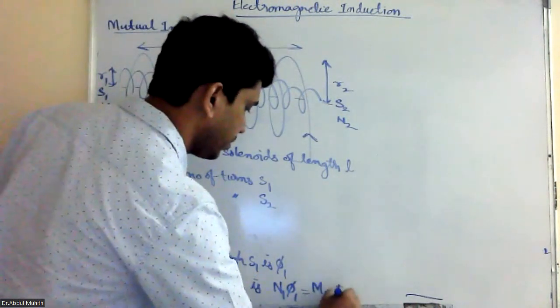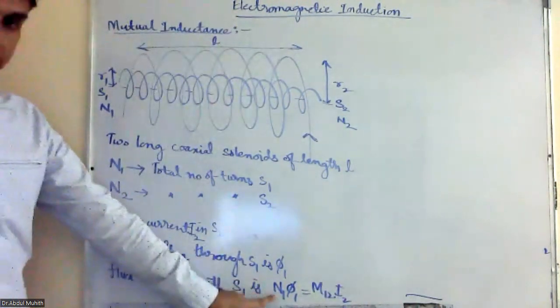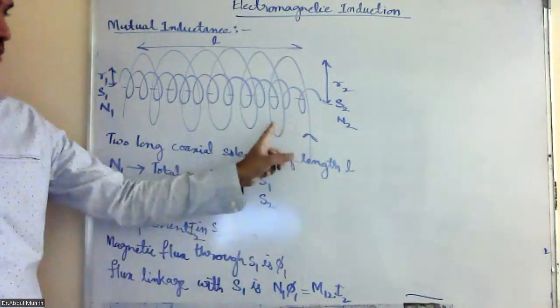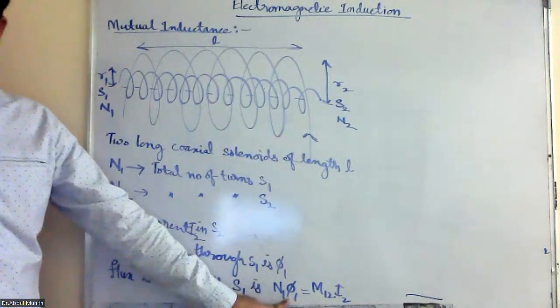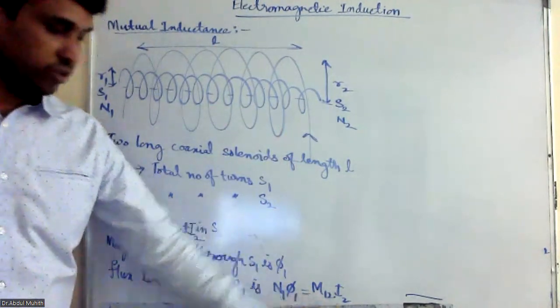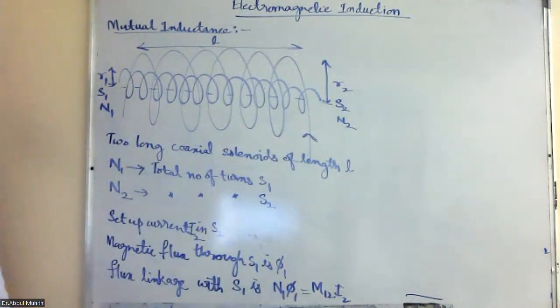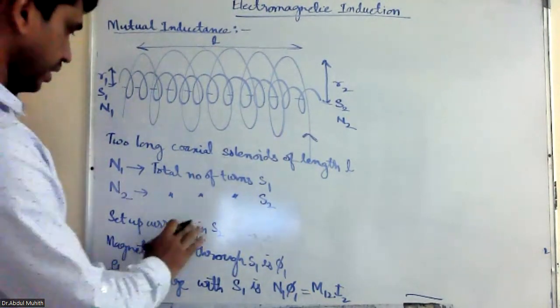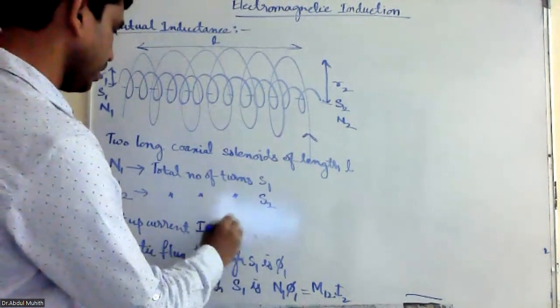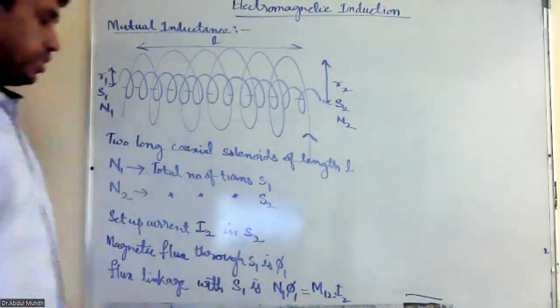Here N1 is the number of turns, phi1 is the flux given by the big coil, M12 is the mutual inductance, and I2 is the current in the second one. We give the current in the second one, so I write I2 here, in S2. Is it clear, all of you?